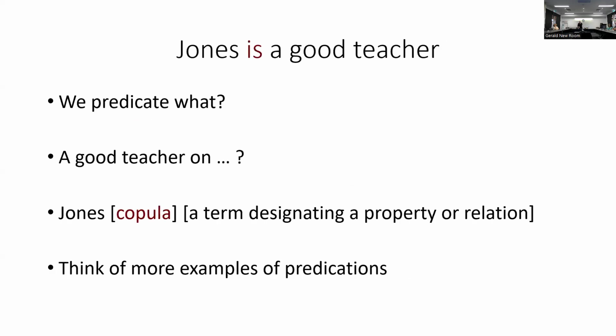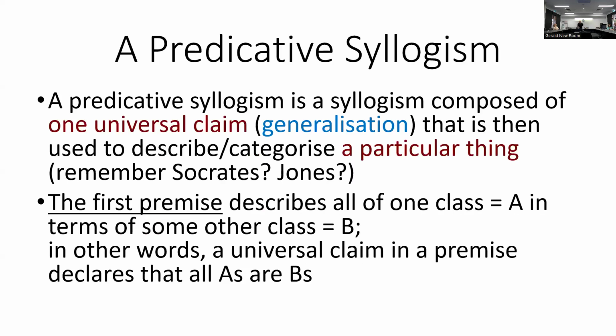So we predicate here good teacher on Jones. You can think of other explanations of predication. A predicative syllogism is a syllogism composed of one universal claim: all men are mortal.